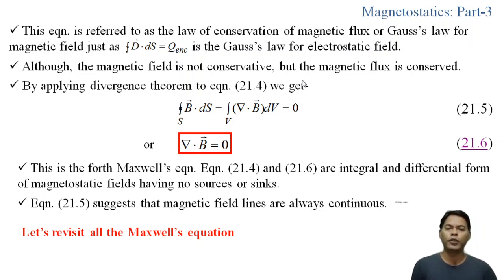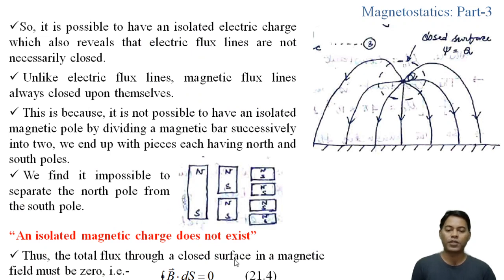Now, if we apply the divergence theorem to the expression 21.4, we know that using the divergence theorem we can relate the surface integral to the volume integral. So the closed surface integral of B dot ds can be written as the volume integral of del dot B dv.